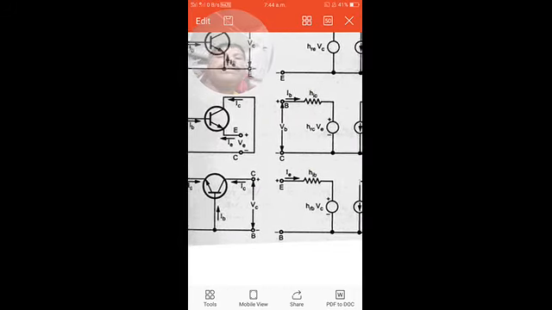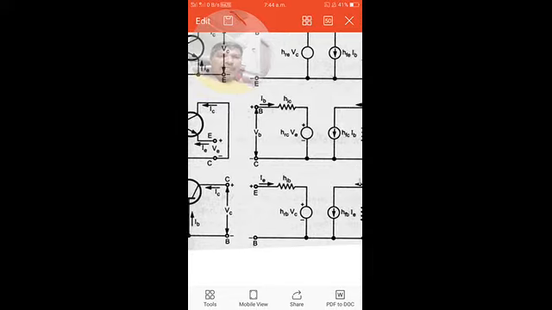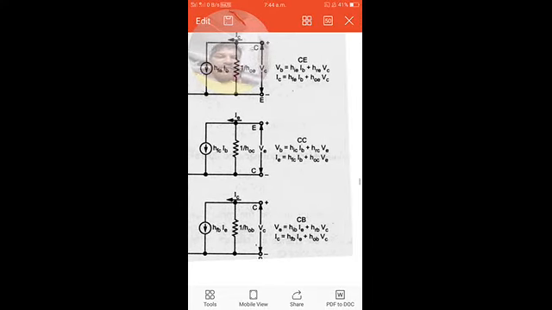Similarly, we can represent the CC configuration. For the common collector configuration, these are the two equations. For CC configuration, input is the base and output is the emitter terminal.